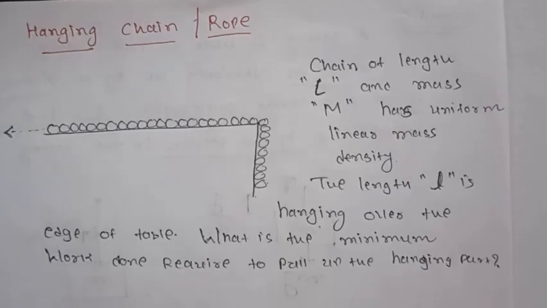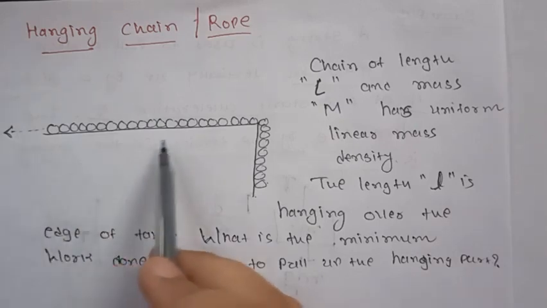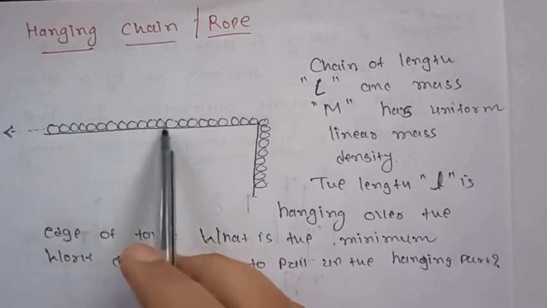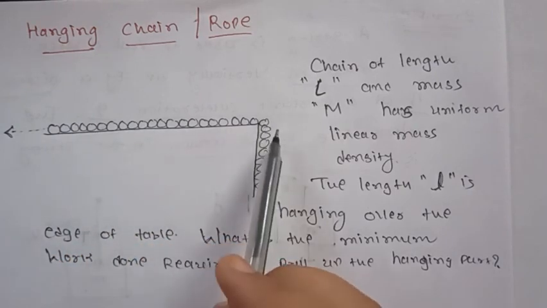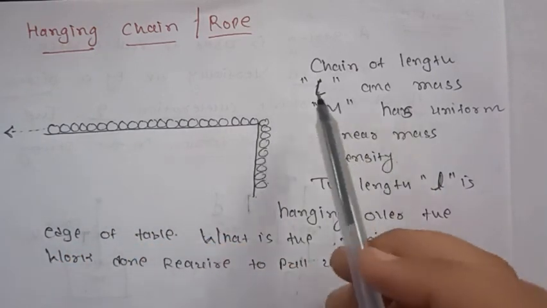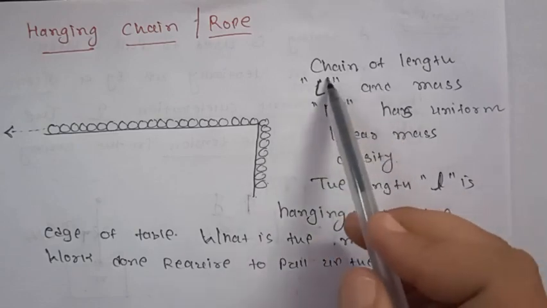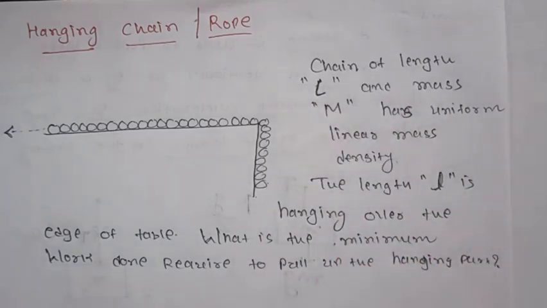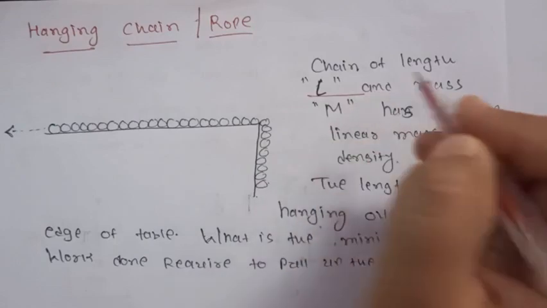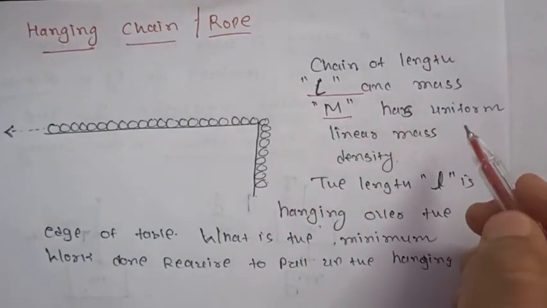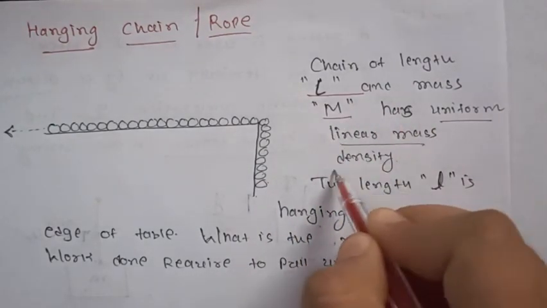Now let us see one special example of variable force, that is the problem of a hanging chain or rope. In the figure it is given that a chain is hanging over the edge of a table. In the statement it is given a chain of length L and mass m has uniform linear mass density.